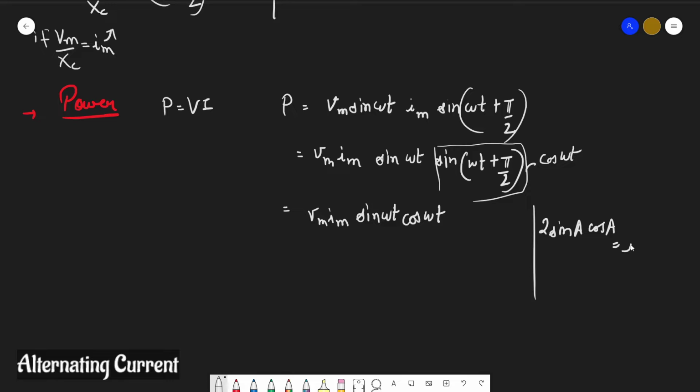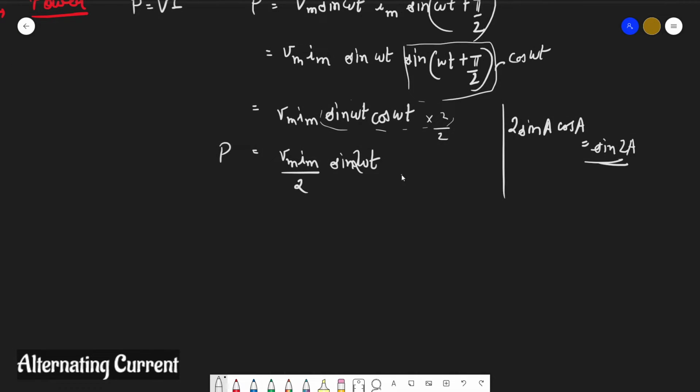The whole purpose is to reduce it to one trigonometric function so that we can analyze. So if I multiply and divide this equation by 2, this 2 will go into the identity part and this 2 will be left in the denominator. So I can write Vm Im by 2, and this whole part is the identity, so you can write sine of 2 omega t. So this is the instantaneous power, obviously.